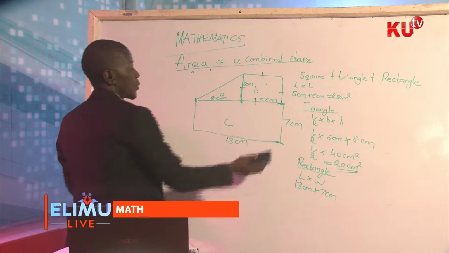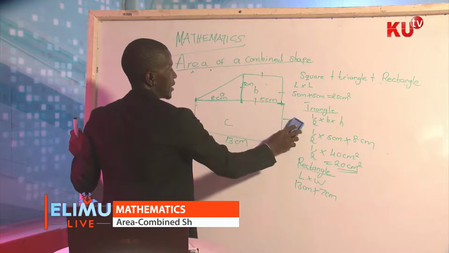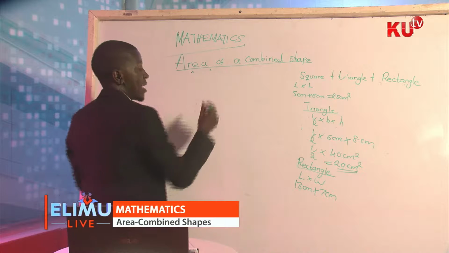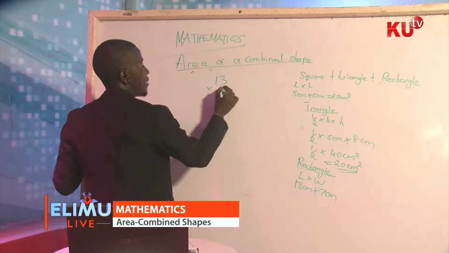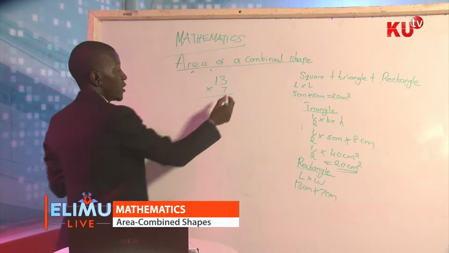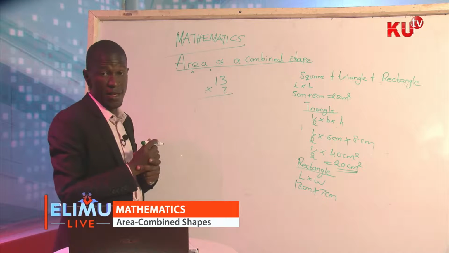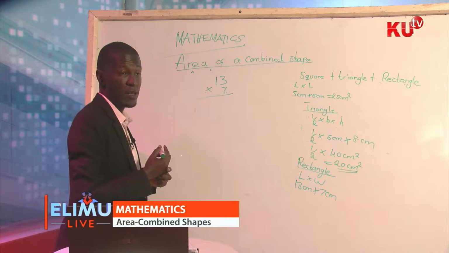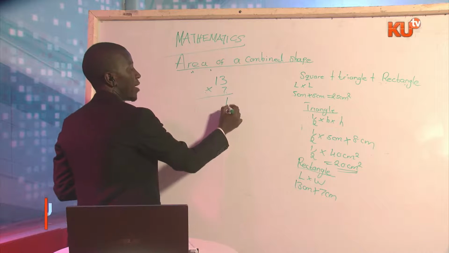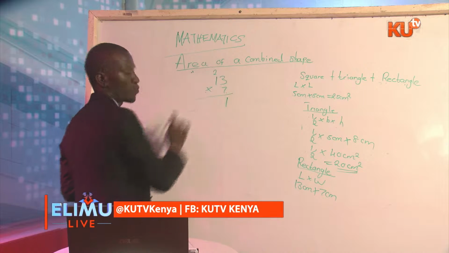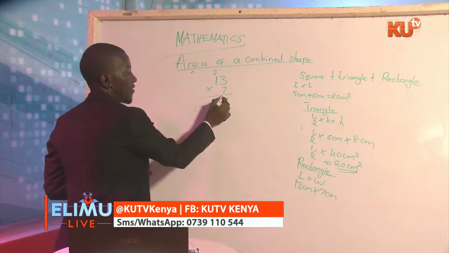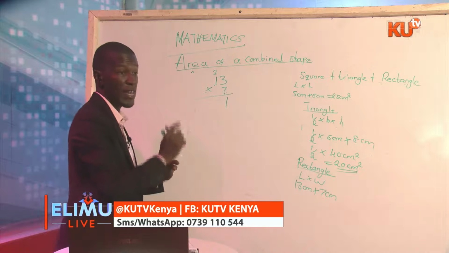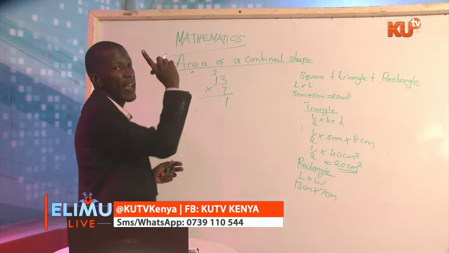Allow me to rub this part because I want to believe you have seen it now. So we are going to multiply now 13 times 7. What is 7 times 3? 7 times 3 is equal to 21. So I'll write 1 here and carry 2. Then I multiply 7 times 1. 7 times 1 is equal to 7 plus 2, which I had carried.